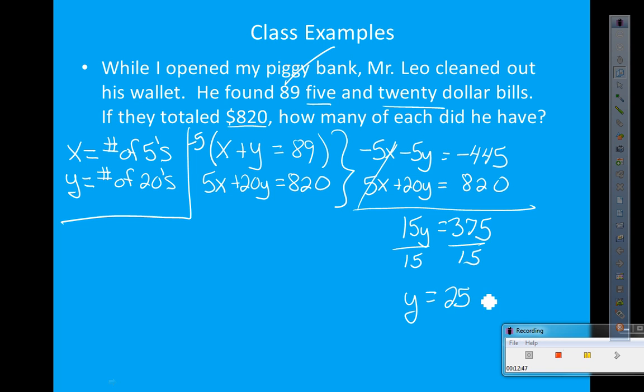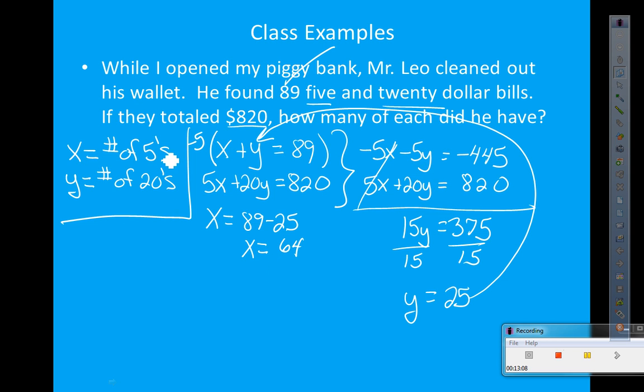I need my x value, so I'm going to plug this right there, because then that means x is going to be 89 minus 25, which is going to be 64. So x is 64. Time to dummy proof it. What does x stand for?